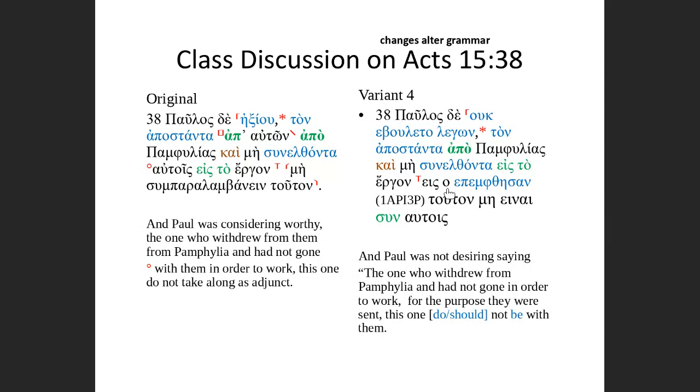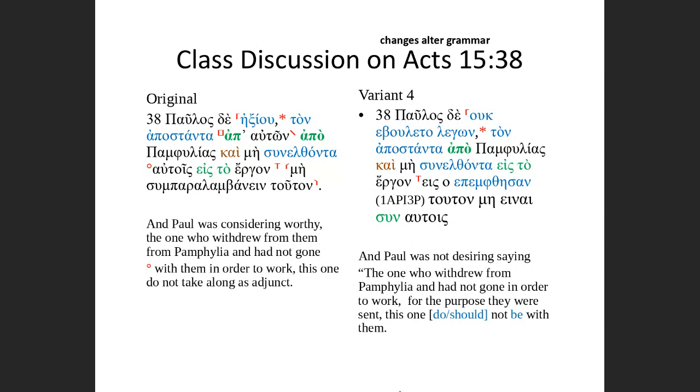Now I'm still including es ho ape me theson. I'm also including sun untos. And Paul was not desiring, saying, the one who withdrew from Pamphylia and had not gone in order to work for the purpose they were sent, this one should not be with them. Okay, so you see various concepts on the same.